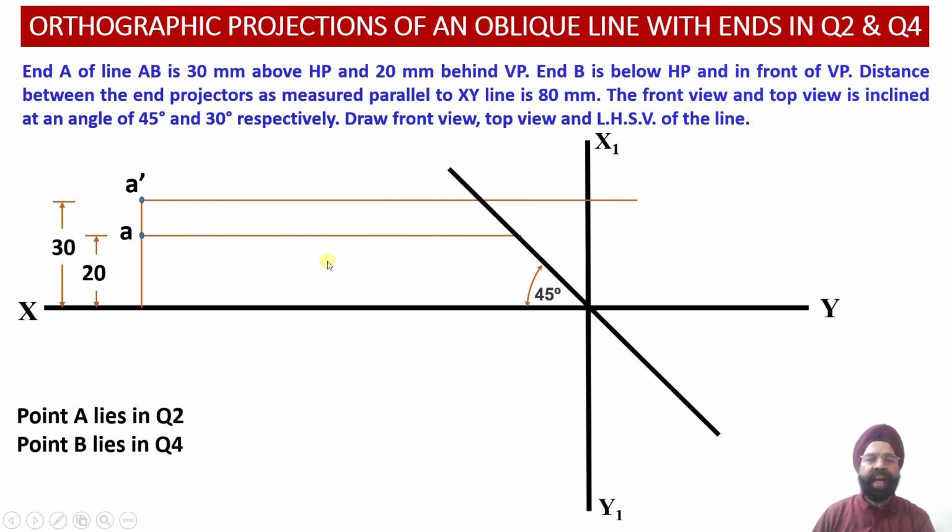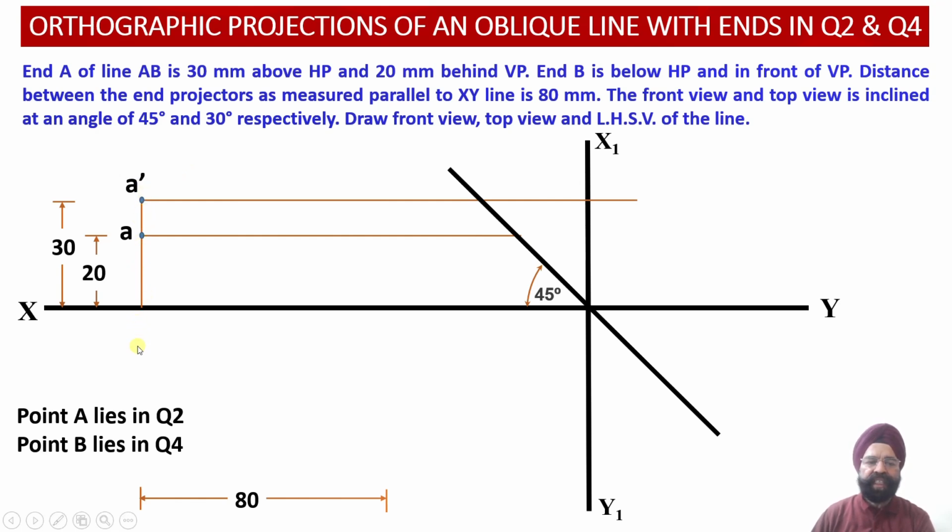Now having obtained the projections of the end A, we also know that the distance between the end projectors corresponding to the points A and B happens to be 80 millimeter.